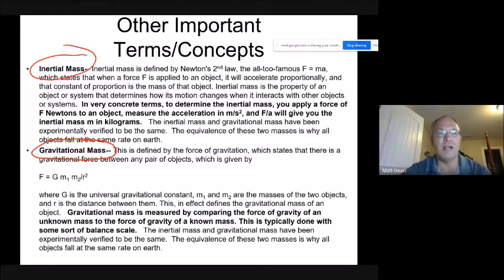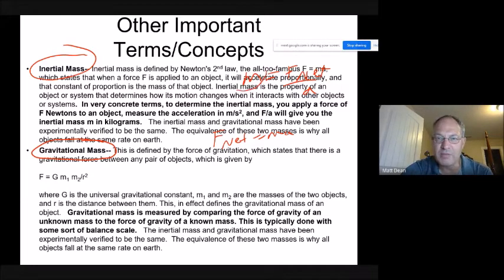To calculate the mass using inertial mass, you're going to take an object of unknown mass. First of all, let's think about Newton's second law and solve that for mass. That would be m equals F net over a.